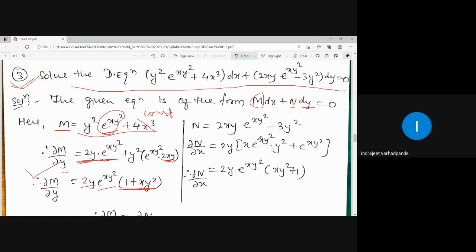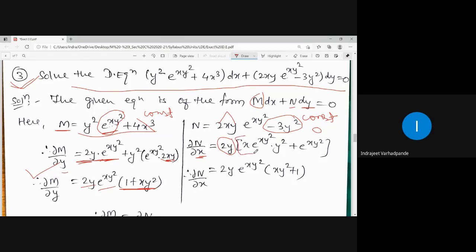Take up N. The derivative of N will be taken with respect to x. y will be treated as constant, so the derivative of minus 3y square will be 0, not to be considered. Also, here I see that there is a product of two terms. But as the differentiation is with respect to x, 2 and y are constant, which are written outside the bracket.